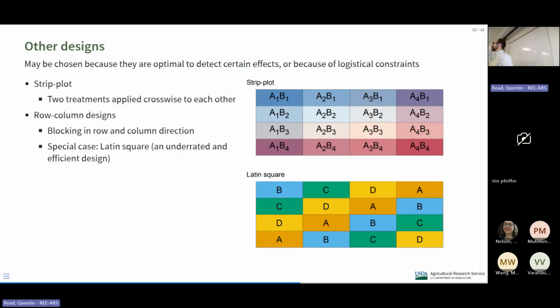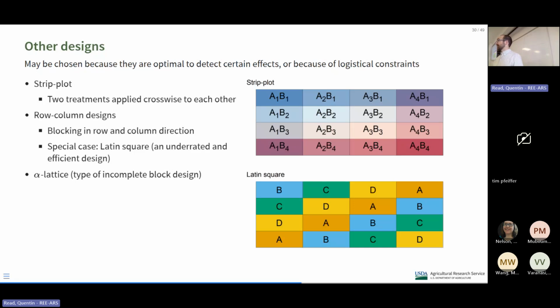If you like to play Sudoku, you'll find this one good because a Sudoku board is also a Latin square where all the rows and columns have 1 of each of the treatments. And that's actually very efficient given the amount of replicates it has, and is also underused, I think.